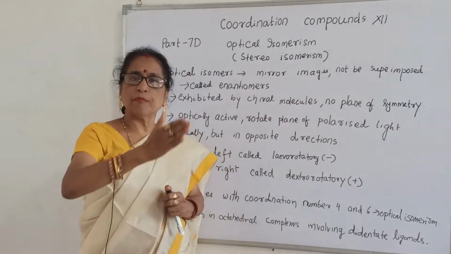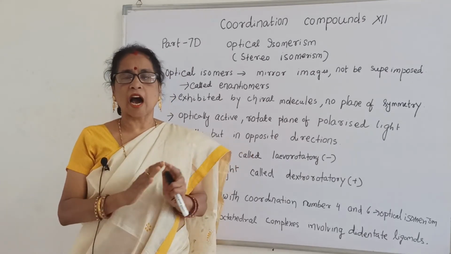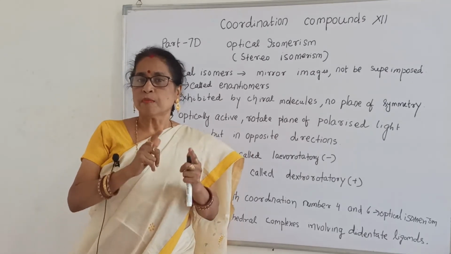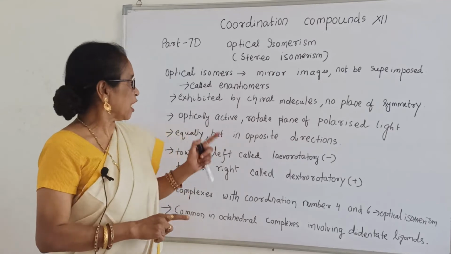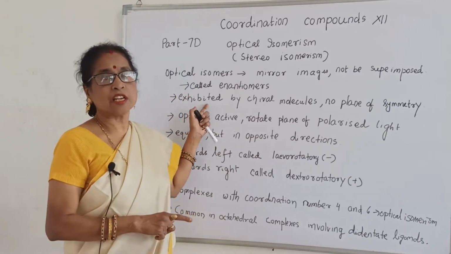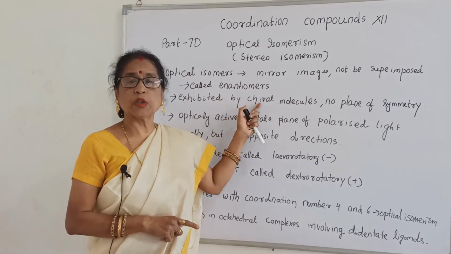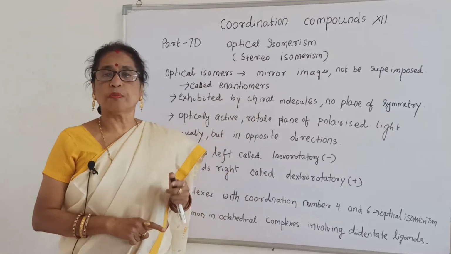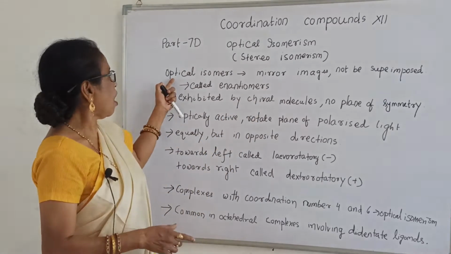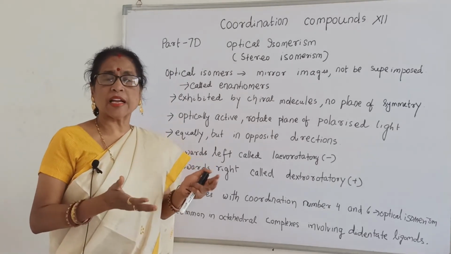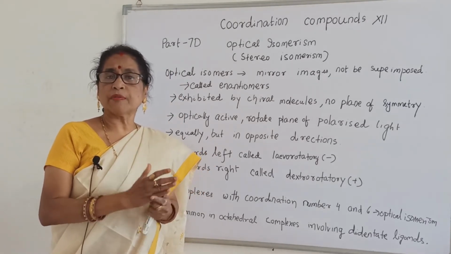If you divide it in the middle and both sides are not equal, then there is no plane of symmetry. That means optical isomerism only takes place where the molecule is chiral, that is, has no plane of symmetry. Optical isomers are mirror images of each other.